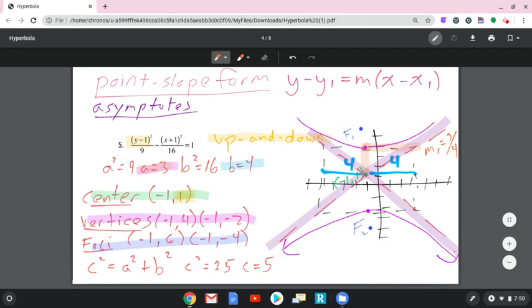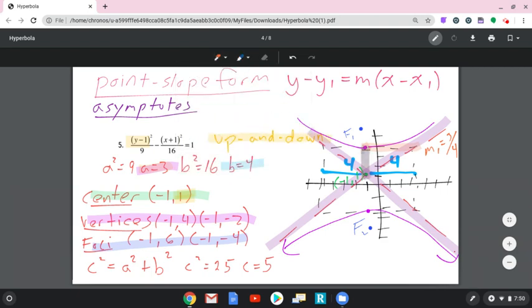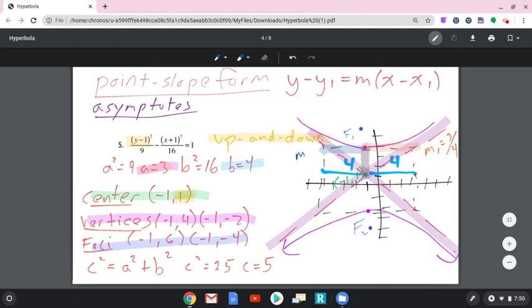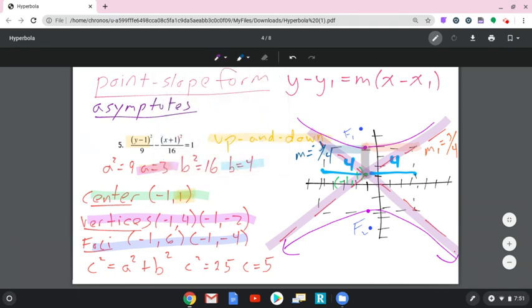For my other asymptote, I'd go up 3 to the left 4. That means the slope of my second asymptote would be -3/4. So your equations are going to be very similar. The only thing that differs in the 2 equations is that one will have a positive slope and the other a negative.